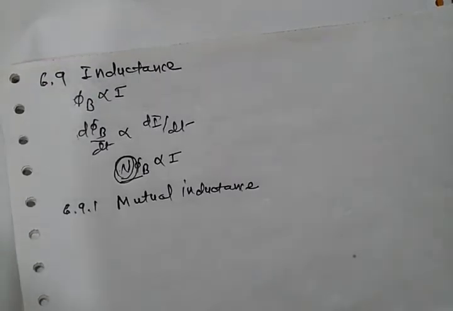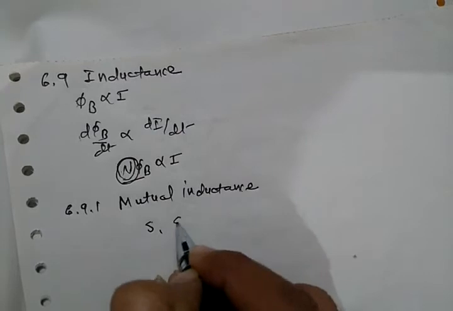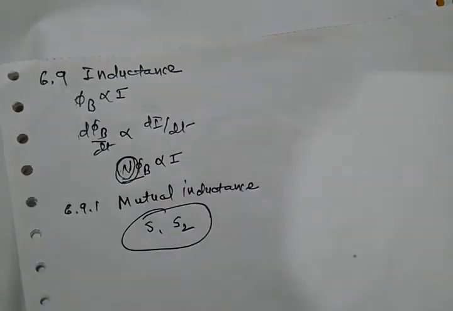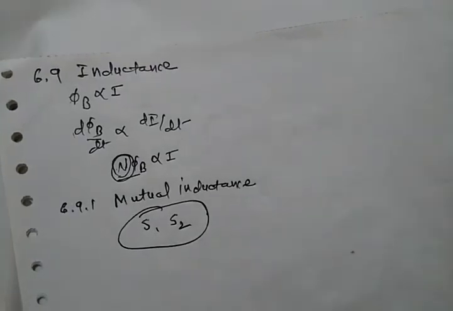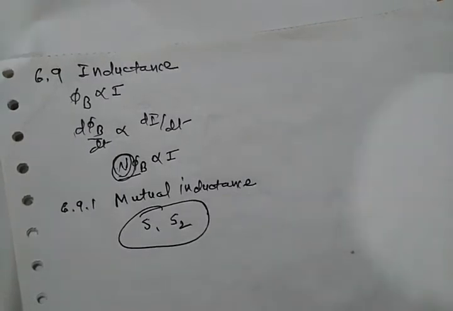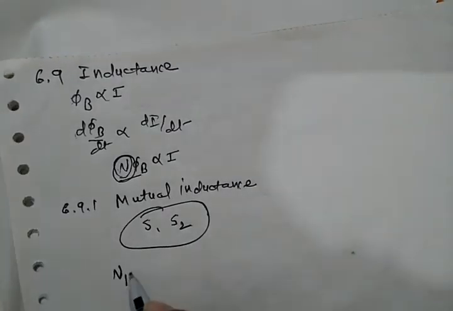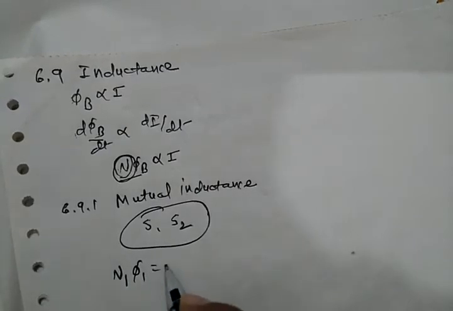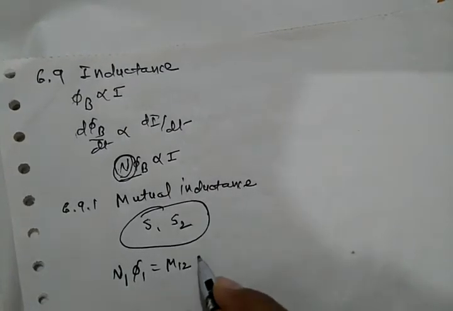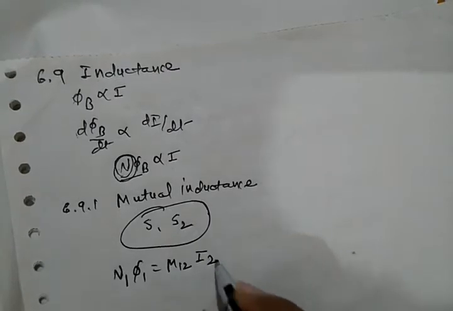Now let capital N1 and N2 be the total number of turns of coils S1 and S2. Now when current I2 is set up in S2, the corresponding flux linkage with solenoid S1 is N1 phi1 equal to M12 I2.